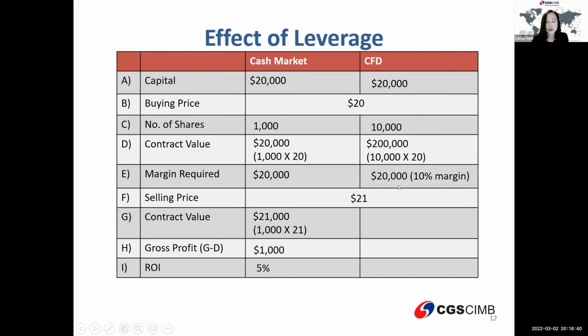So the same thing, if the price is up by $1, my gross profit now is $10,000, because the position size is 10 times more with the leverage given. So my ROI turns out to be 50%. But of course, like I said, this is just a very simplistic example, and this is to show you the effect of leverage. And on the same note, of course, if it goes the wrong way, your losses will be magnified as well. So do take note.